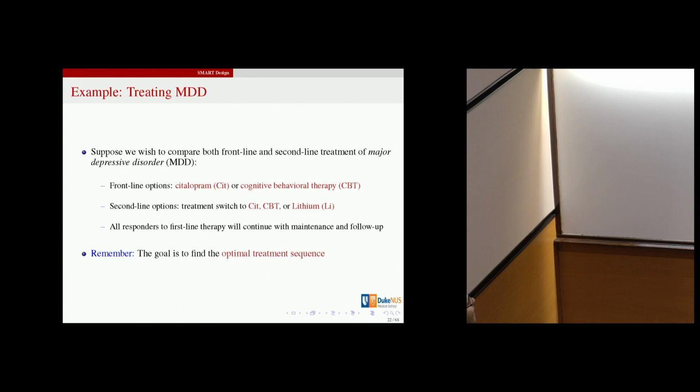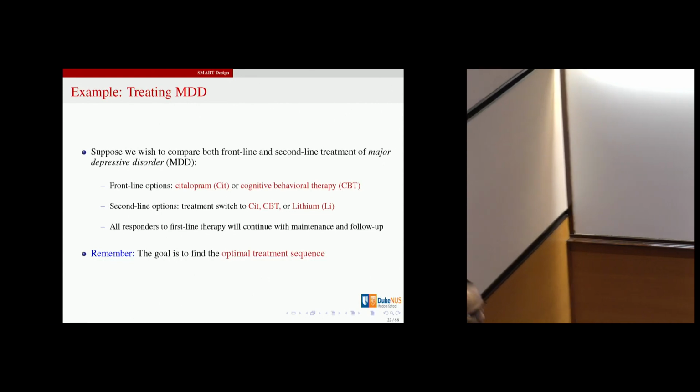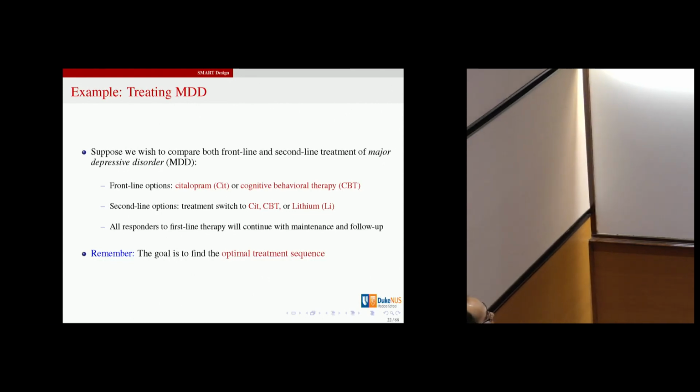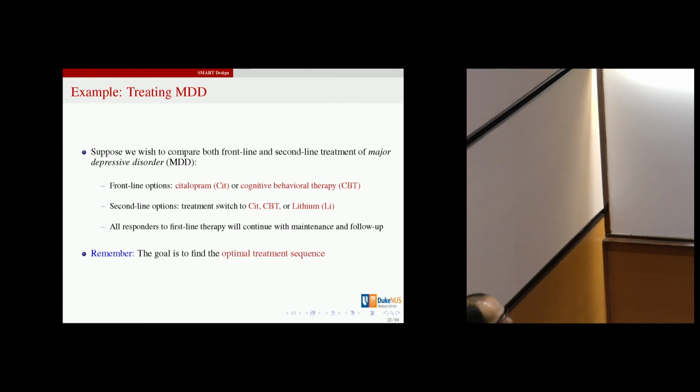And then second-line options are a treatment switch to either citalopram, CBT, or lithium. So people who get citalopram at the front line may be switched to either CBT or lithium, whereas people who got CBT early on might switch to citalopram or lithium, etc. And all responders to first-line therapy will continue with maintenance and follow-up.